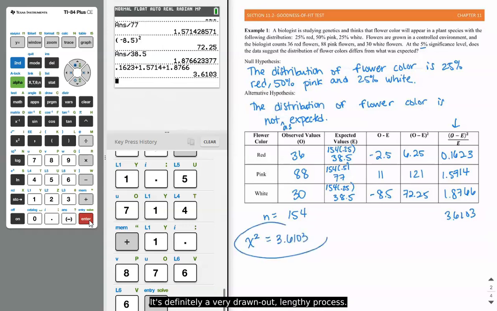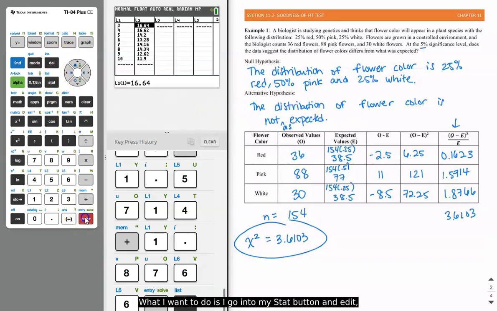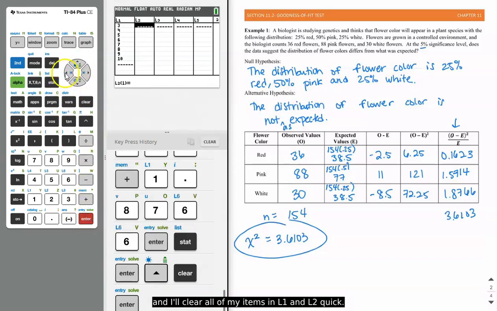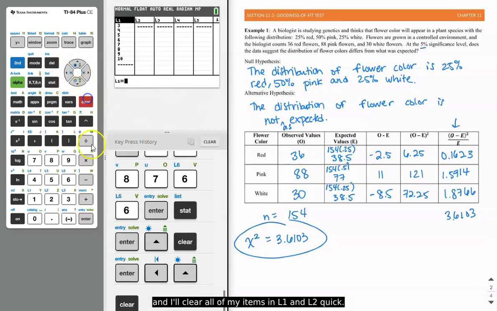Okay. So it's definitely a very drawn out, sort of lengthy process. It's just tedious. It's not too hard, but you can see that if you had 5 categories or even 6, it can take a little bit longer. So let's go through and actually do this in our calculator. So what I want to do is go into my stat button and edit, and I'll clear all of my items in L1 and L2 quick.